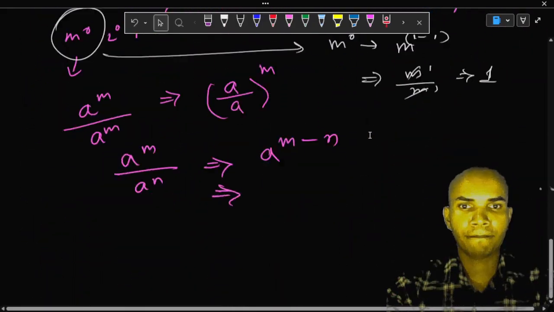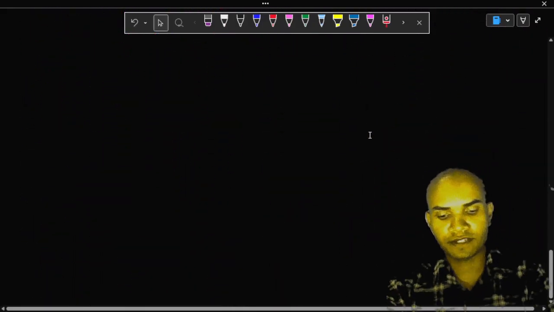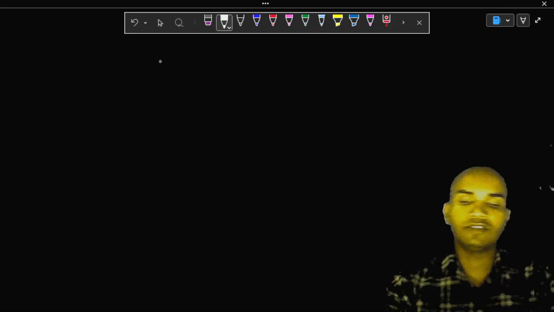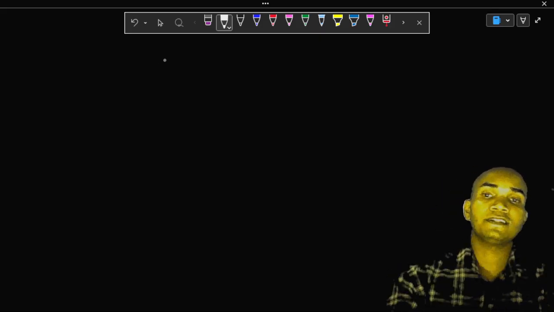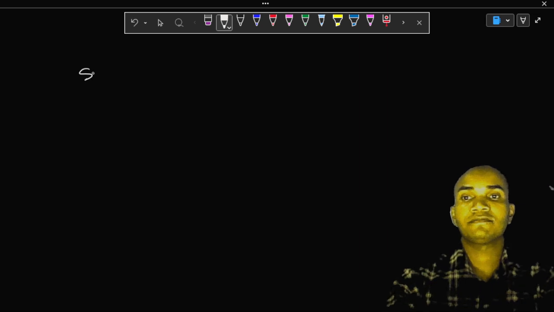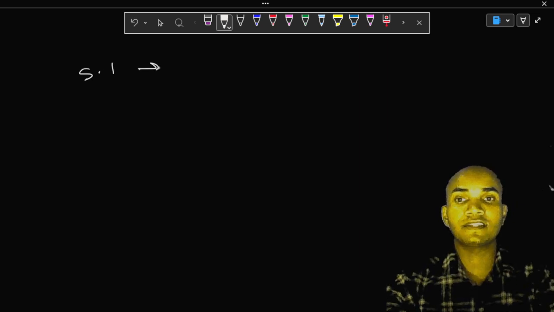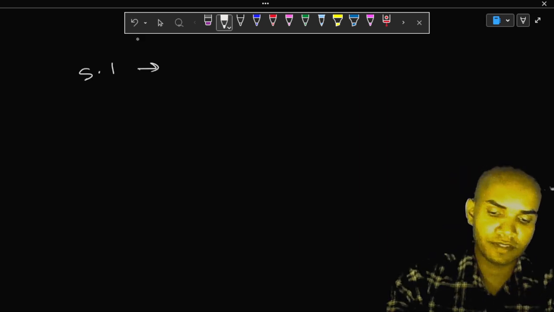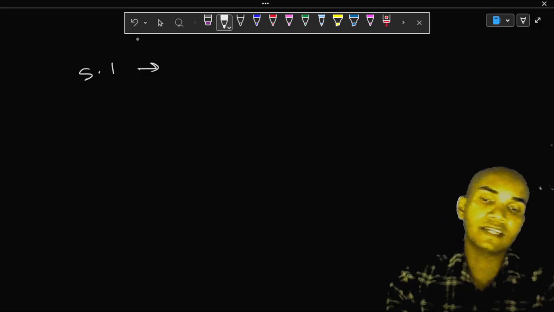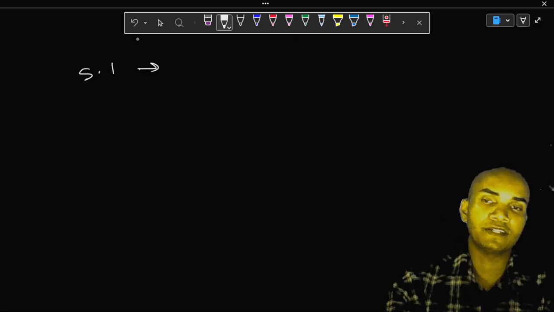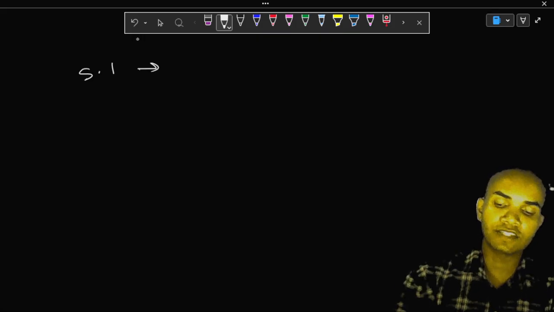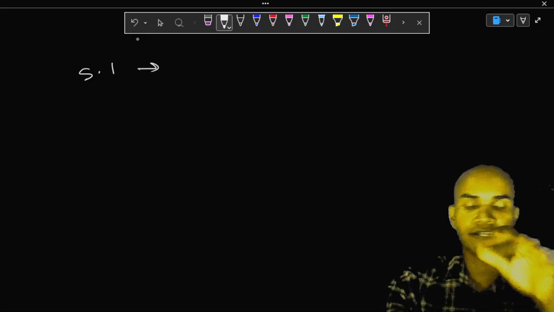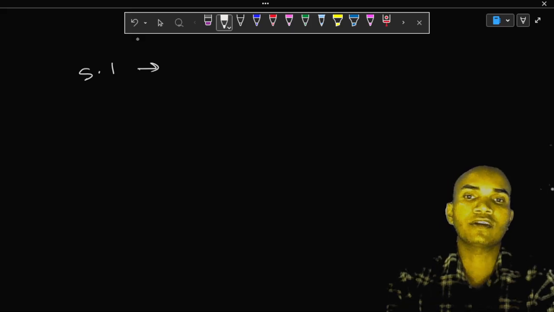Now I want to say what unit formation is. Let's say, what is SI? In the scenario of unit measurement, the whole world thought that they would create a system which the entire earth would follow.